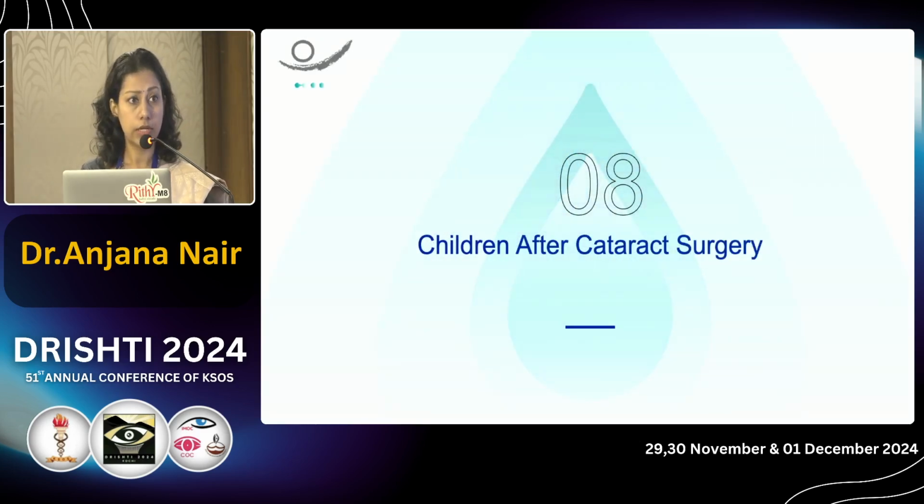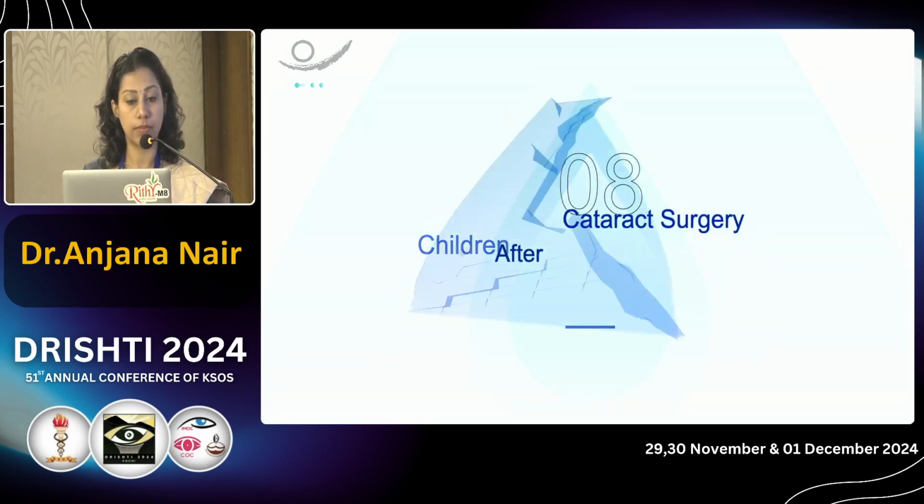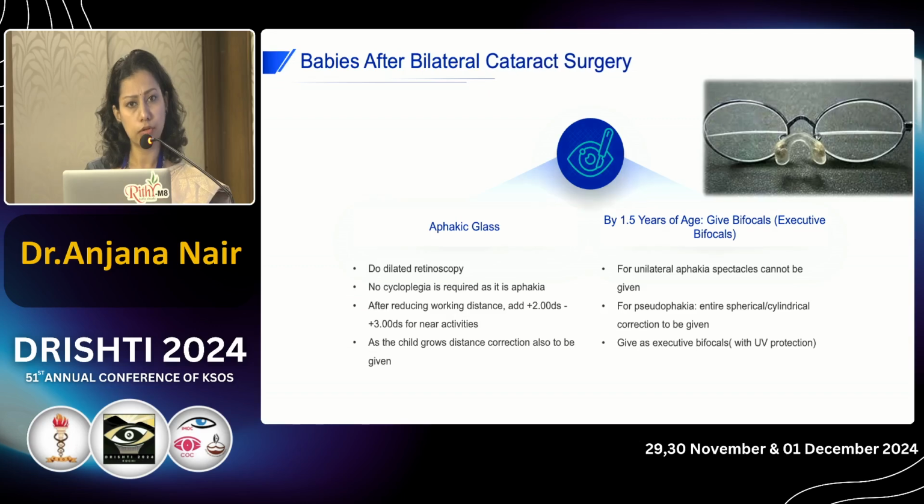So another scenario is children after bilateral cataract surgery, and there are two options as we all know. One is aphakic glasses for bilateral aphakia, and the second is contact lenses. Aphakic glasses: for every kid after bilateral cataract surgery, you do have to go for a dilated retinoscopy. But here cycloplegia is not required as there is no lens.